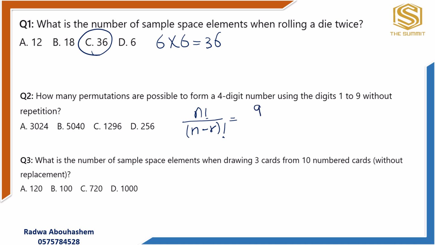So 9 factorial over (9 minus 4) factorial. So here, 9 factorial over 5 factorial. So this means I'm going to cancel all of the numbers starting from 5 and below. So it would be here 9 times 8 times 7 times 6.